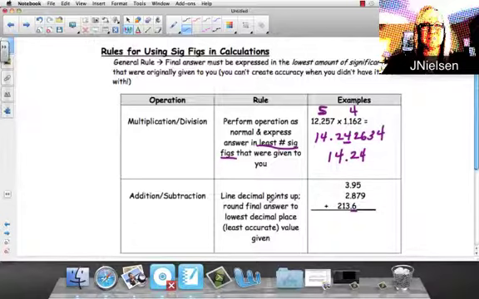But just like in multiplication and division, you're going to do the math first. So when we add these values, we get 220.449. So to the 10th place, we look to the right, it's less than 5, no rounding, so our answer is going to be 220.4.